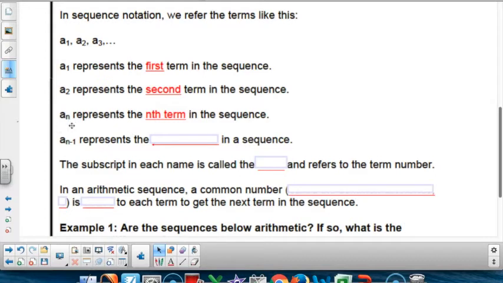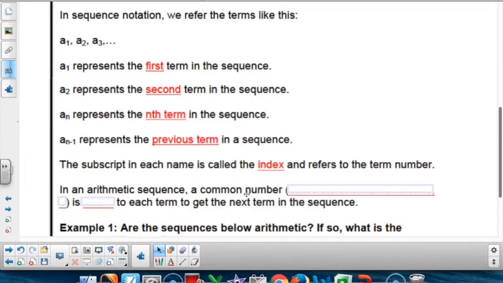That's kind of similar to saying f of x. It's some term that we don't know the value of right now. A sub n minus 1 is an interesting one. It represents the previous term. So if you're looking at a pattern and you want to know some future term, a sub n minus 1 refers to the number right before it in the pattern. The subscript, this little sub value here, is called the index, and that just refers to the term number. So the index here is 1, the index in this term is 2 and 3, and so on.